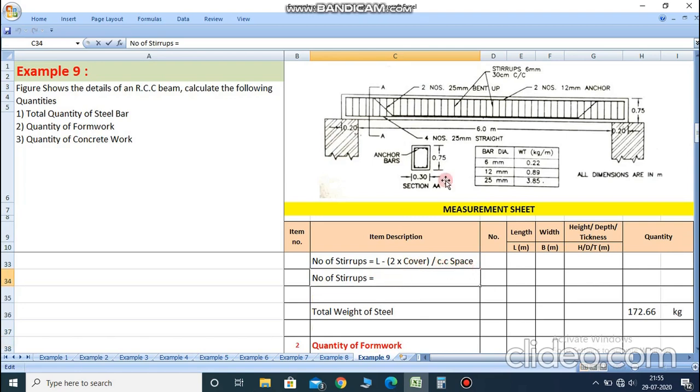Here the length we already found: 6 plus 0.2 plus 0.2. Clear? So 6.4 is the answer for the total length.